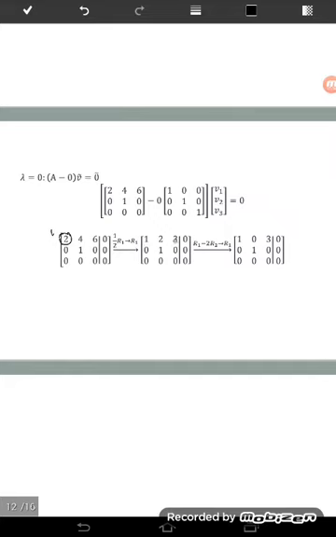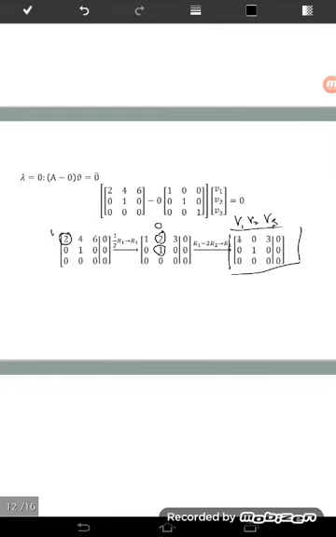So we have 1, 2, 3. Then make this one become leading 1. Here already leading 1. After that make this one become 0, so it becomes like this. Then find v1, v2, and v3. For the 3, no need to make it become 0 because there is no leading 1 on that term.